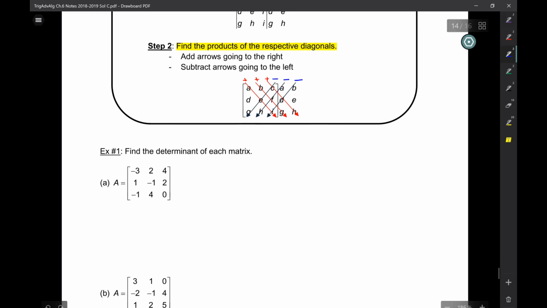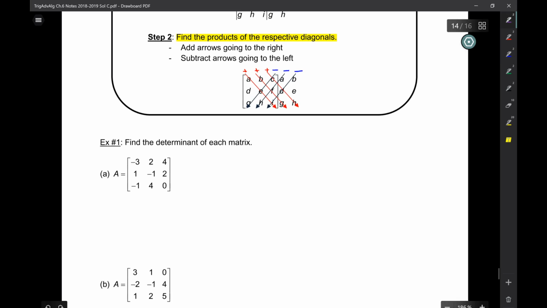Okay, so let's do one. Let's do this one. So here, we're going to do -3, 1, -1, 2, -1, 4.